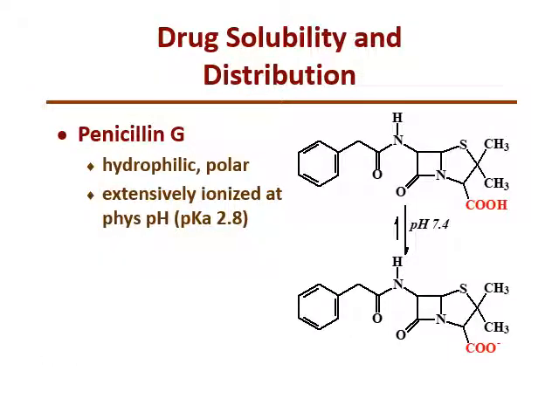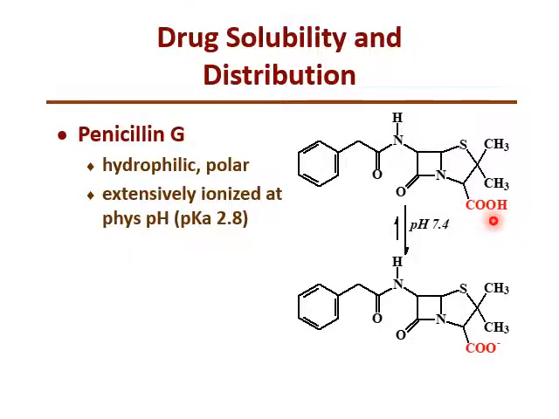So let's give an example of a real drug substance and talk about its distribution. Here is the structure of penicillin G, and it's shown here in its ionized form, with the acid group as the carboxylate versus the protonated form.